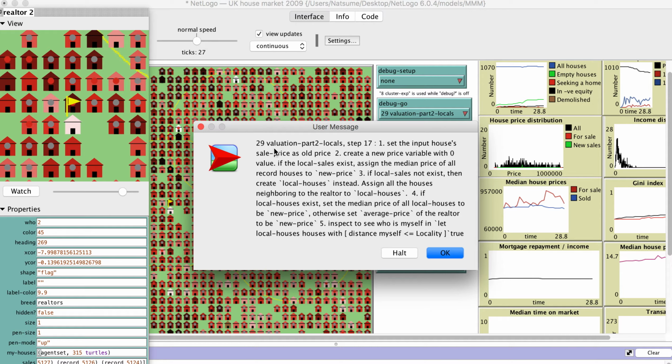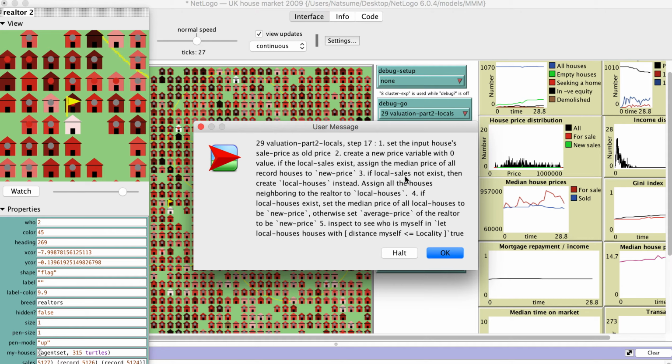So the current price becomes old price. And the new price, let's just set it to be 0 for the moment. And if the local sales do exist, which means those surrounding houses have been sold and we have their records, we can check their sold prices. Now we can assign the median price of those recorded houses. Okay, that's easy. And we set this median price to be the new price.